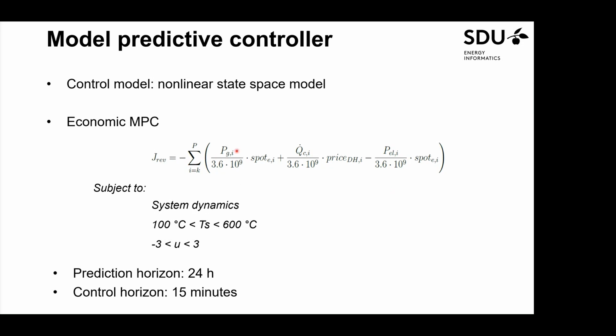The first term is the revenue generated by selling the electricity generated by the Rankine cycle, and you also have the revenue from charging the district heating, but you have to subtract the electricity consumption, using the spot price from Denmark. Then those are the system constraints, where you have the system dynamics, which is a state model.